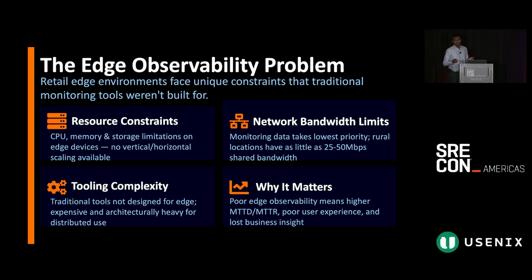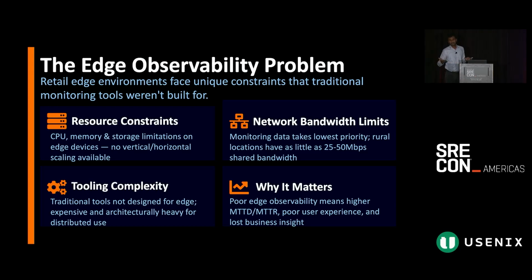Then when we talk about network bandwidth, right? Yes, you installed all the telemetry components, and you want to send the data to a central location for dashboarding, alerting, predictive analysis, all this AIOps perspective. You need to have it in a central location, right? So that's another challenge. In retail environments, whether rural or urban, you cannot expect ample network bandwidth.